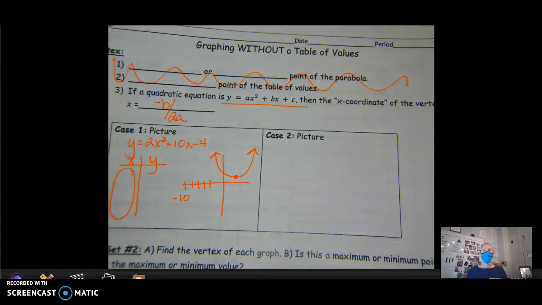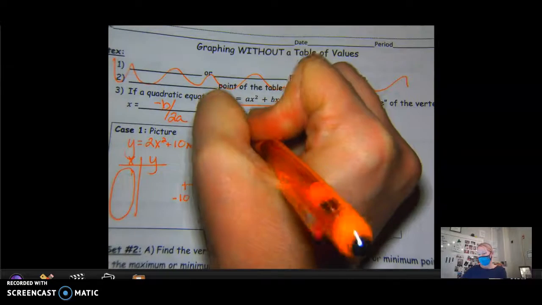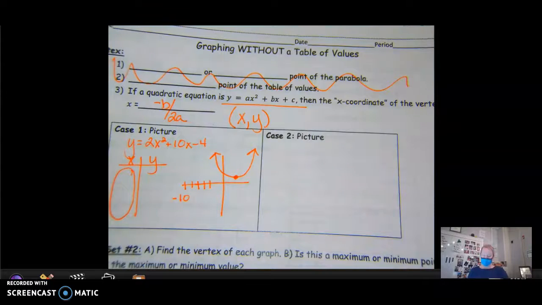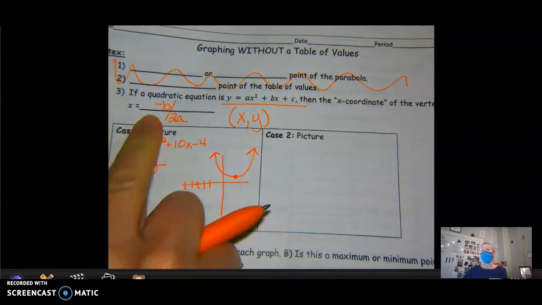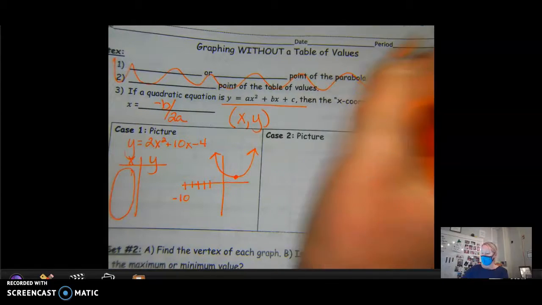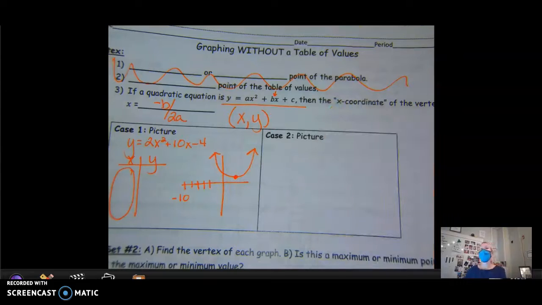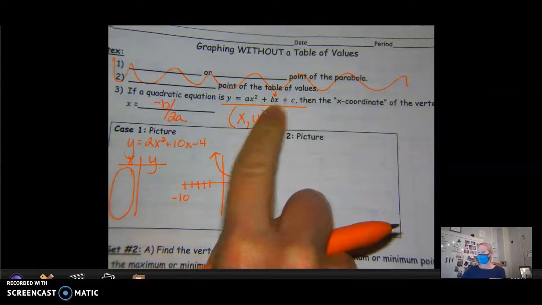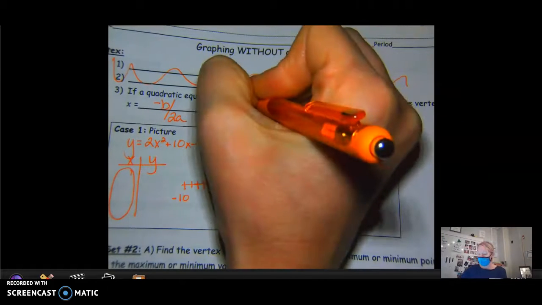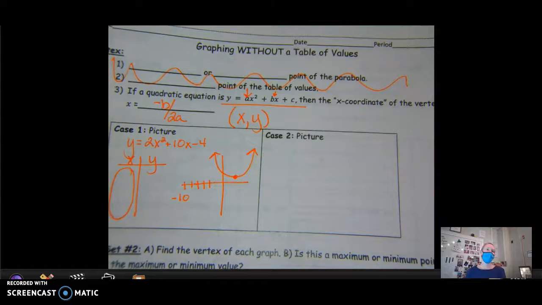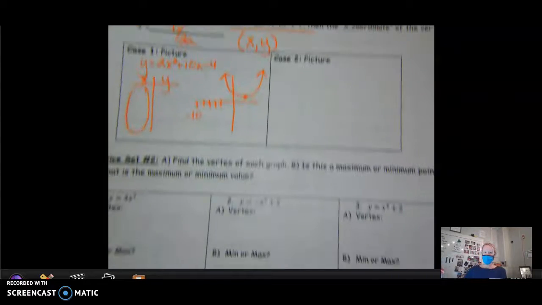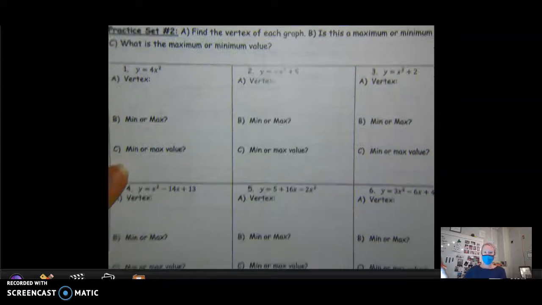So, essentially, in order to find the x value, remember, x comma y is how we write coordinate points, of the vertex, I have to do negative b over 2a. B is the number in front of the x value. A is the number in front of the x squared value. Okay?